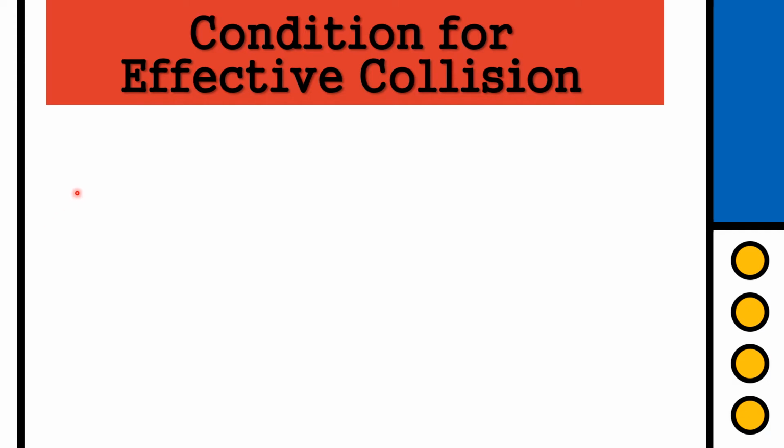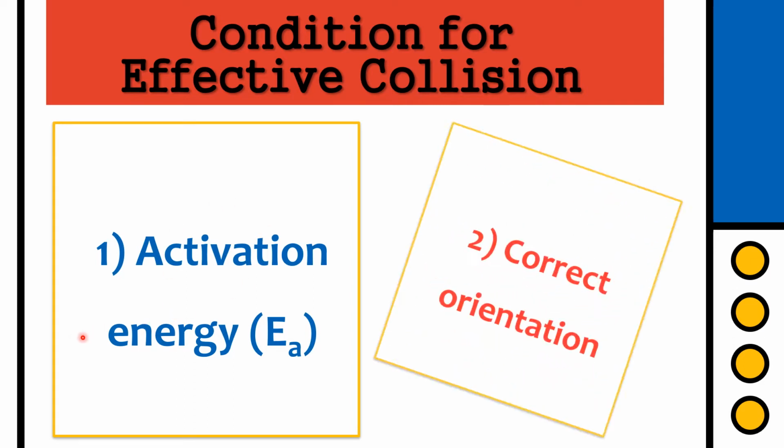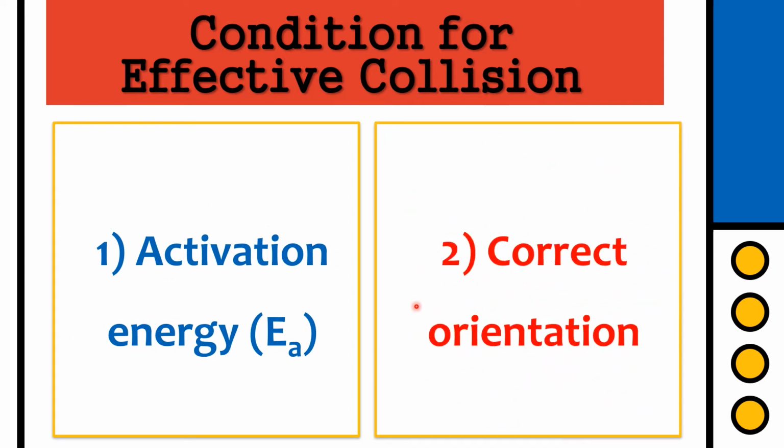We have two conditions for effective collision, and for it to occur, it must meet these two parameters. The first one, activation energy, and the second one, correct orientation.